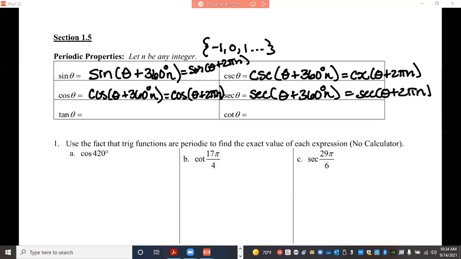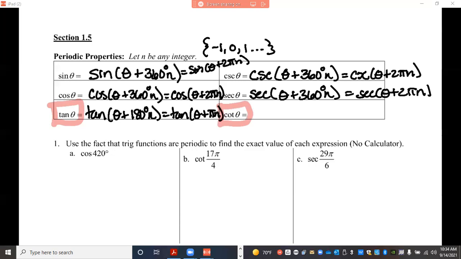Tangent and cotangent are the two that are different. Tangent and cotangent do have different periodic properties. And again, we'll look at those more in a little bit, but tangent doesn't have that periodic property of 2 pi. It's simply going to be pi. So the tangent of theta plus 180 degrees times n, or in radians, the tangent of theta plus pi n.